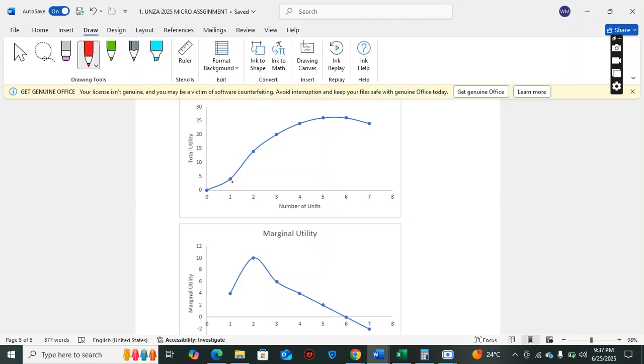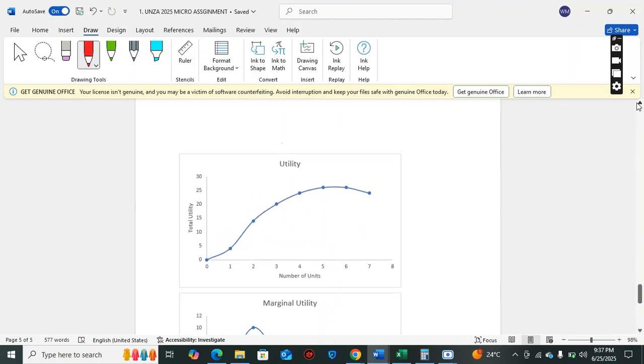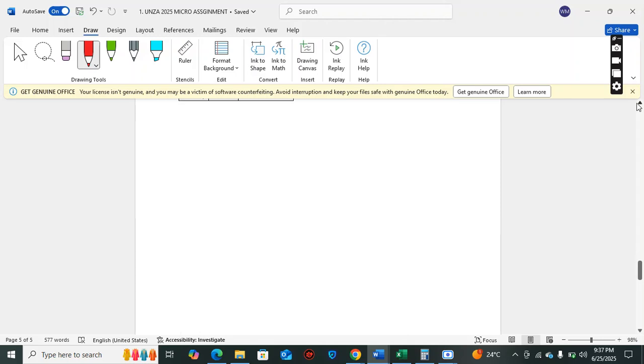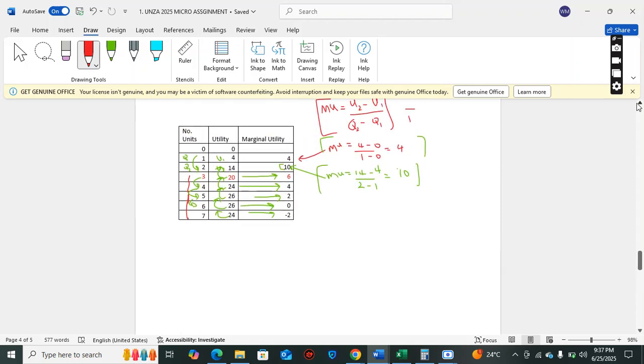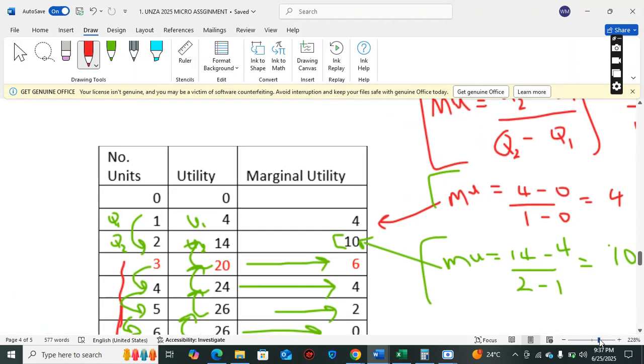Okay, so the next part of the question says you have to state where the law of diminishing marginal utility starts. So take note of this point. The law of diminishing marginal utility starts when the marginal utility starts to drop. The moment the marginal utility starts to drop, that's where the law is going to begin.